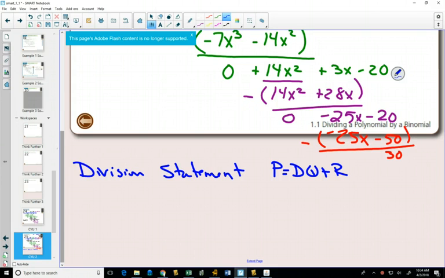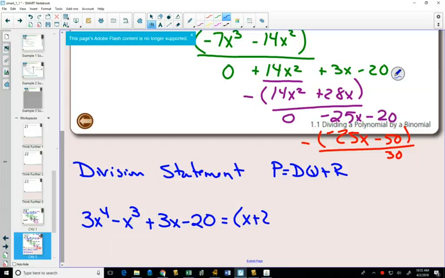So we start with our polynomial. Our polynomial, in this case, was 3x to the 4 minus x cubed plus 3x minus 20 equals, we divided by x plus 2. That's our divisor.